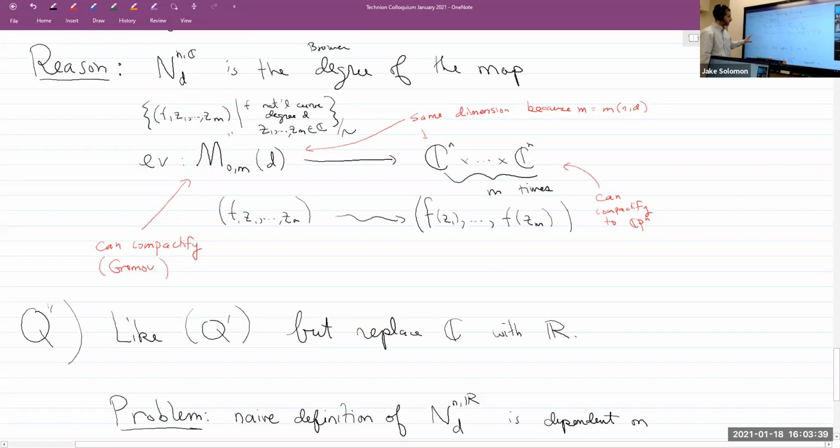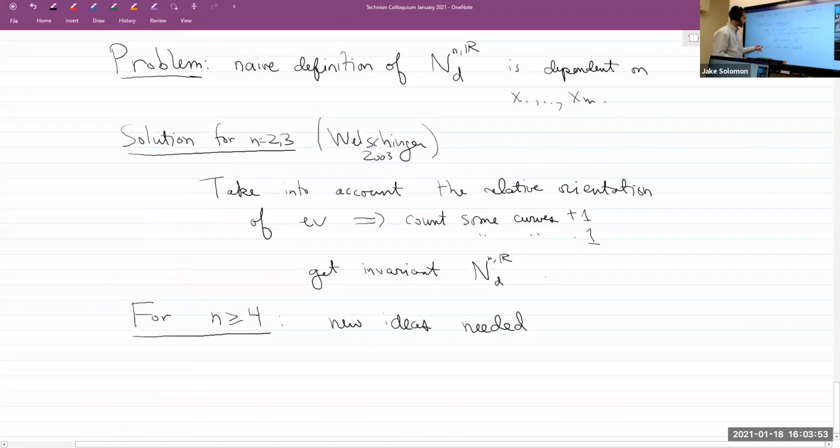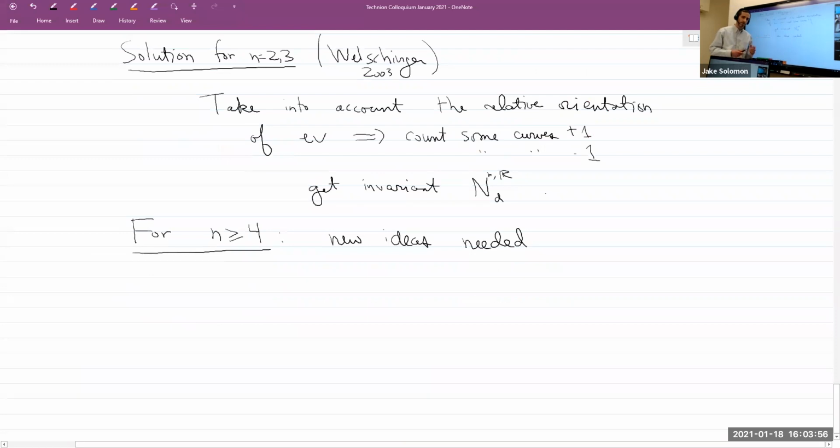And when you compactify, of course, you can mess up the orientation. You start with a space which is perfectly well orientable, and then when you compactify, it could be not orientable anymore. And there's some kind of incredible miracle which happens in dimensions n equals 2 and 3, that when you compactify, things are basically orientable up to some nonsense, but let's not go into it.